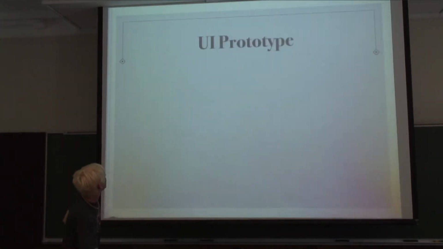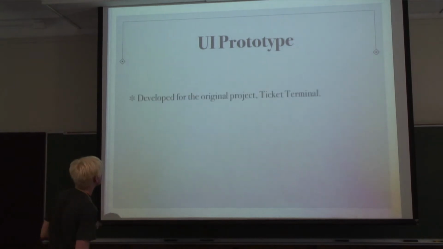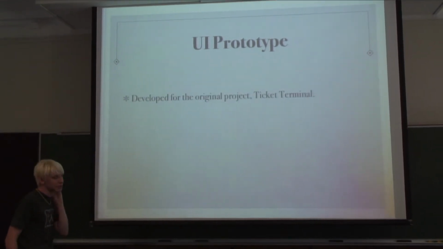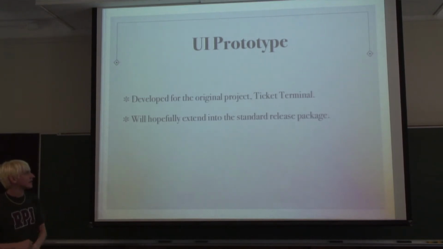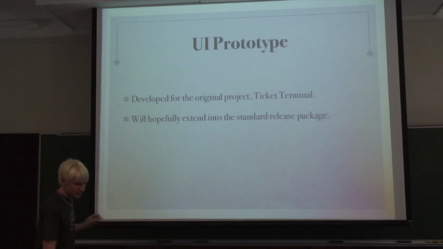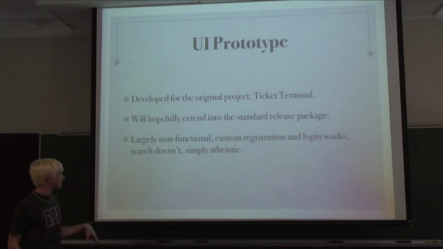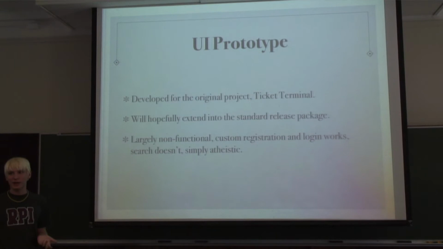The next part is the UI prototype, and it's developed for the original project, like I said. I want to extend it into the standard release, and I'll explain more about that later. But it's largely non-functional right now. I developed my own registration and login. I'd like to just use a separate package that I didn't develop.